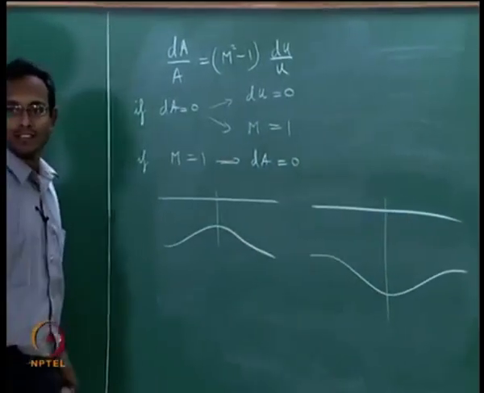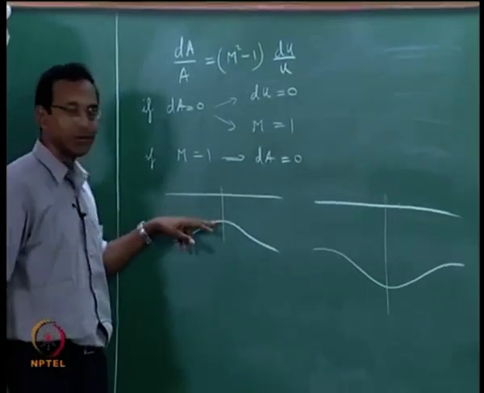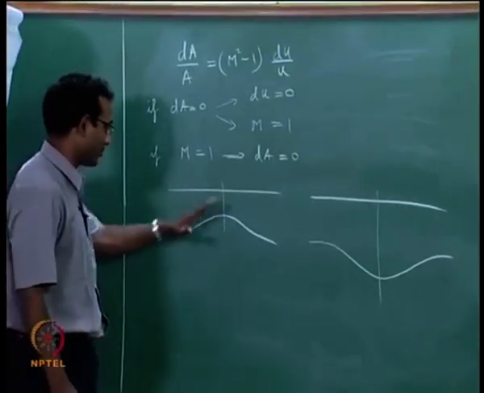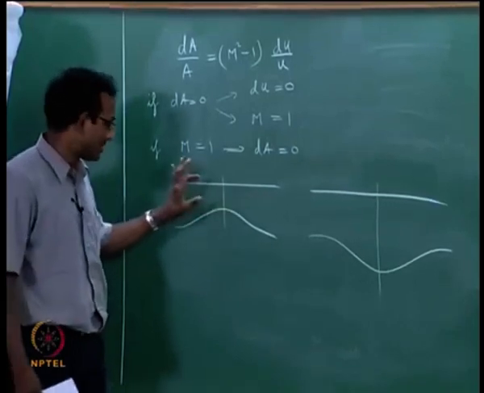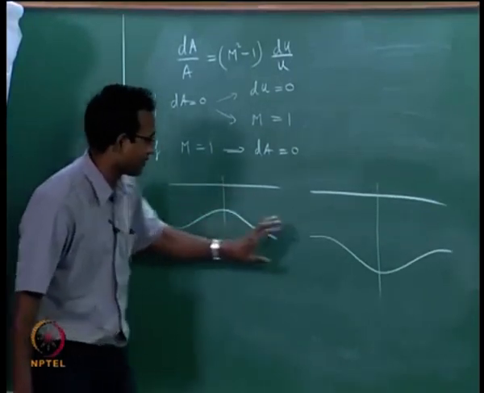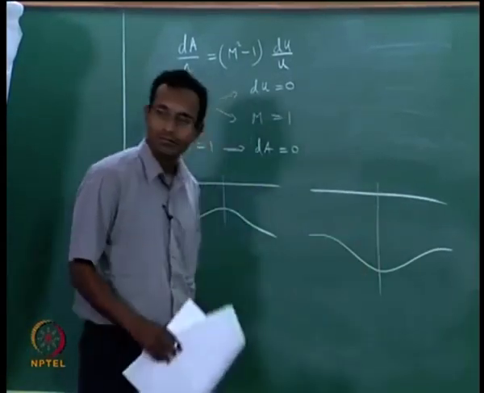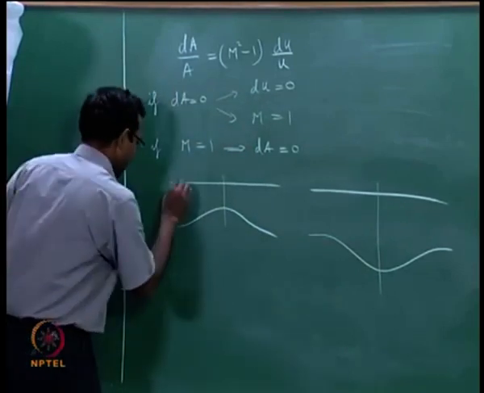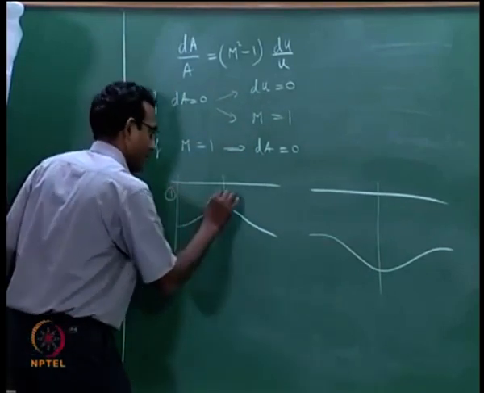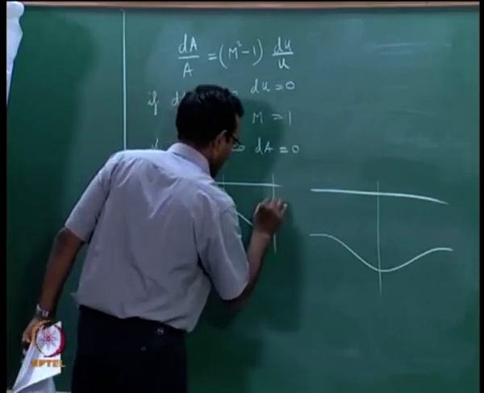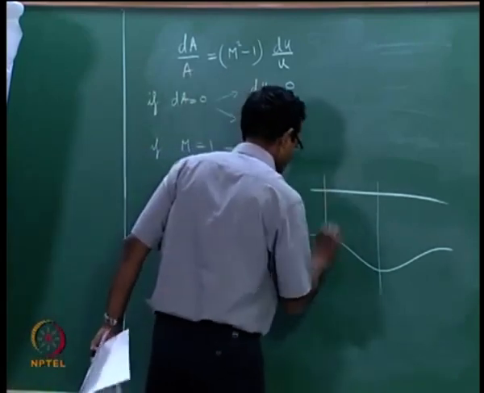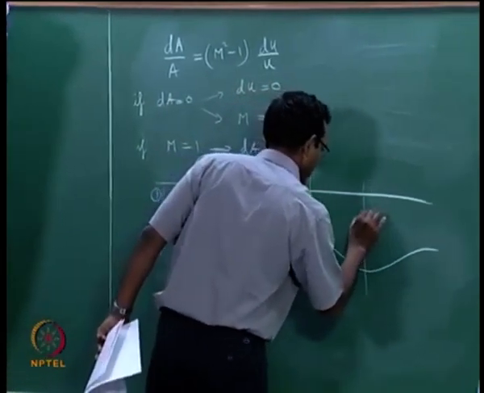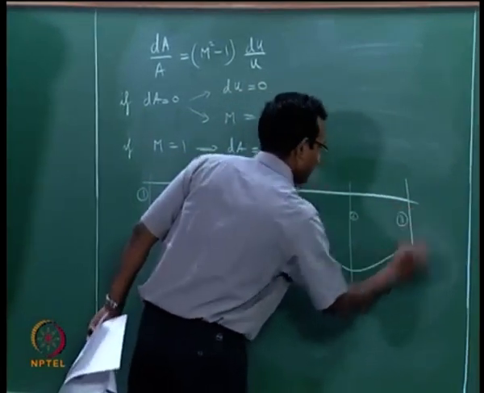Both these places the slope of area change is 0, because the slope is 0 here. It is as if locally it is a constant area duct here, same thing in this place. So, now I am going to label them 1, 2 and 3. Here also we will do the same thing, 1, 2 and 3.